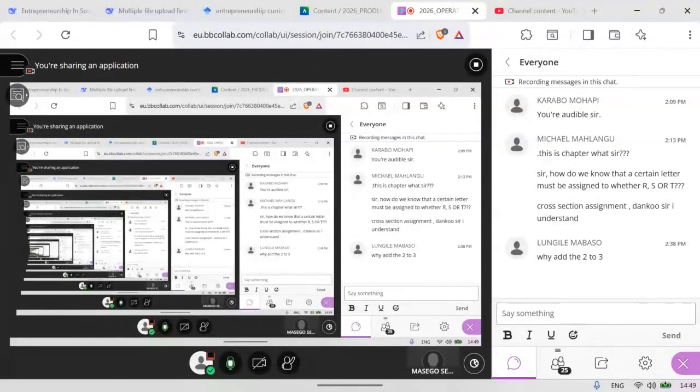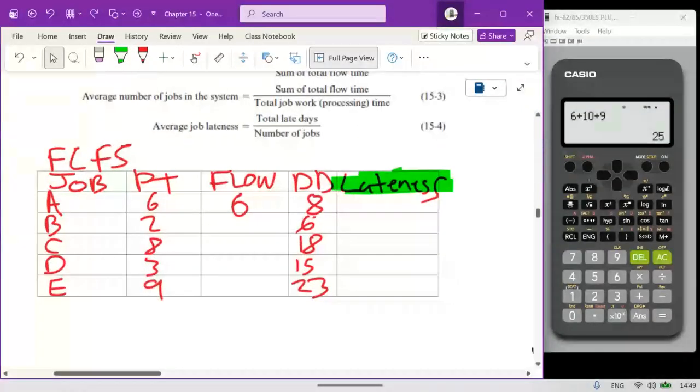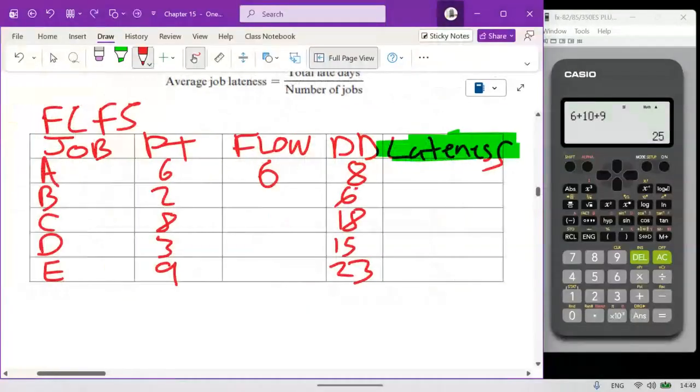Okay. So it's early by 2 days. But what are we looking for? Thank you, madam, who spoke now. No, we are looking for lateness. That's not lateness. You understand? Therefore, you are late by how many days in this case? You are late by how many days, guys? By 0. You're not late at all. 8 minus 6 is 2, but that's a positive value.